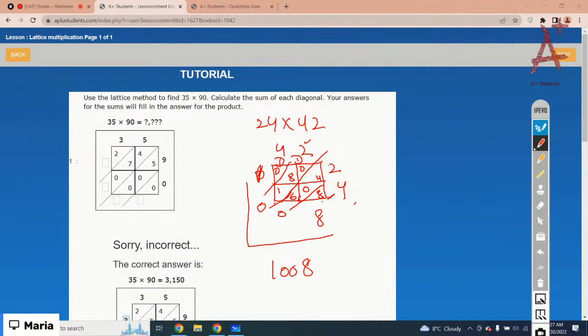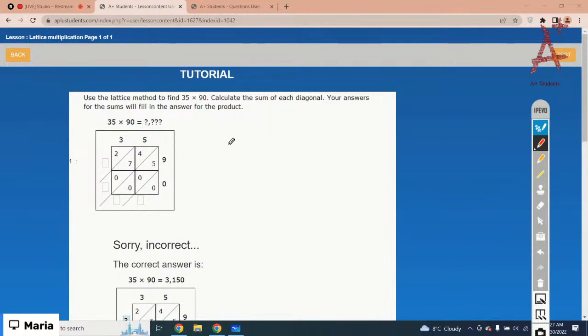The next one is you have to do 14 times 25. 1 and 4, 2 and 5.